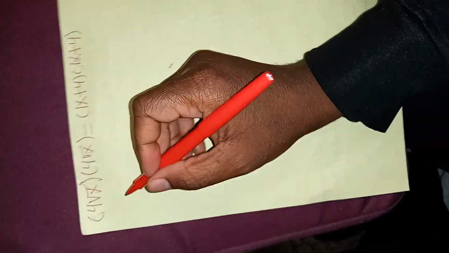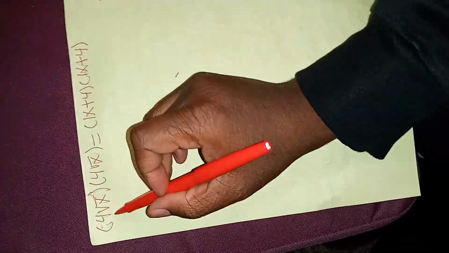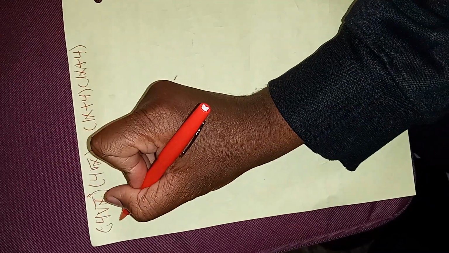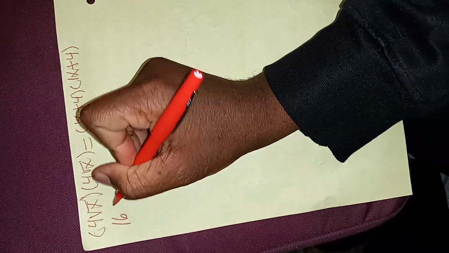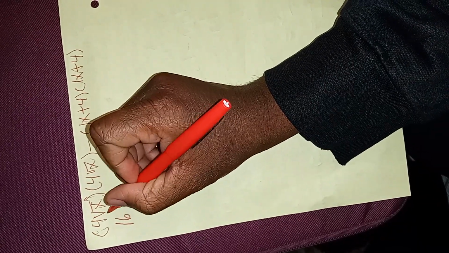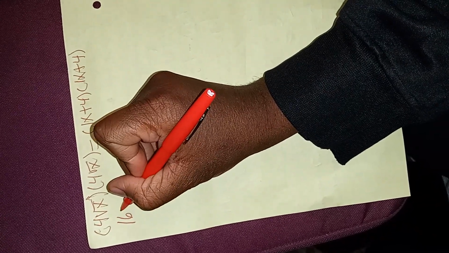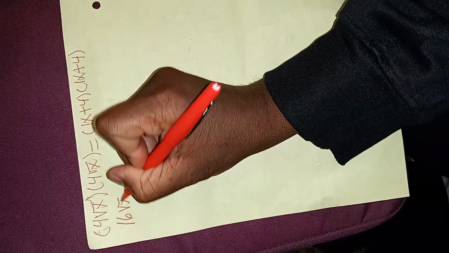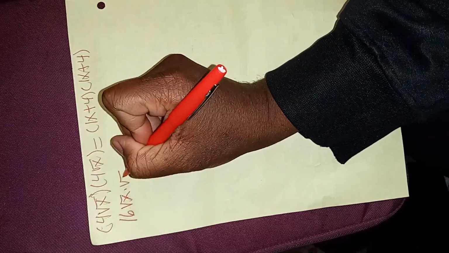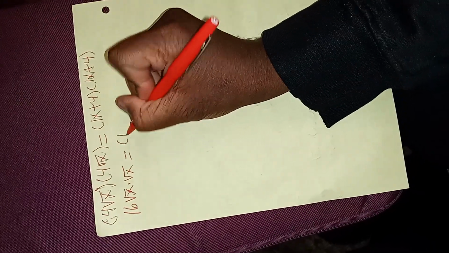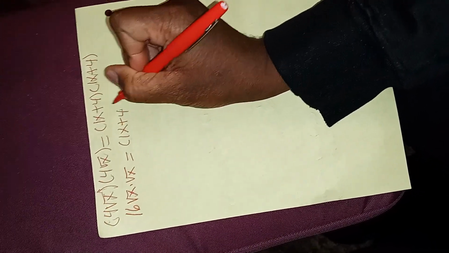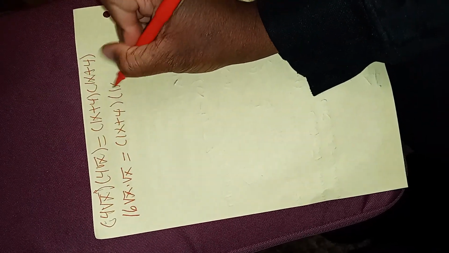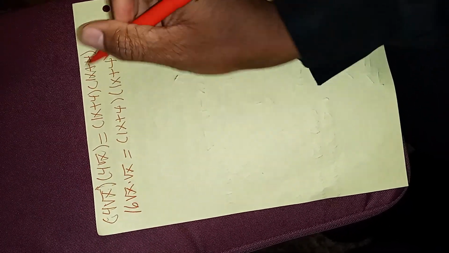So 4 times 4 will give us 16. And then square root of x times square root of x will equal 1x plus 4 times 1x plus 4.